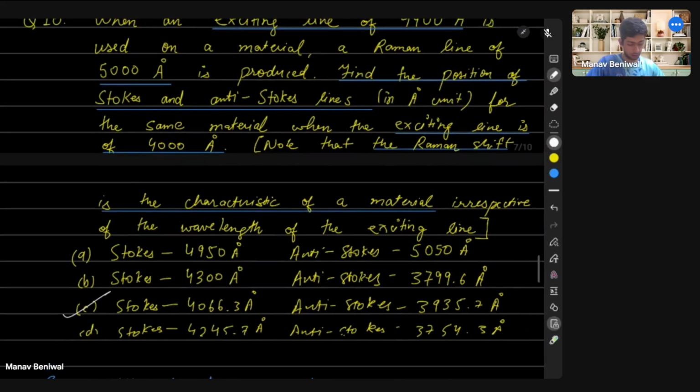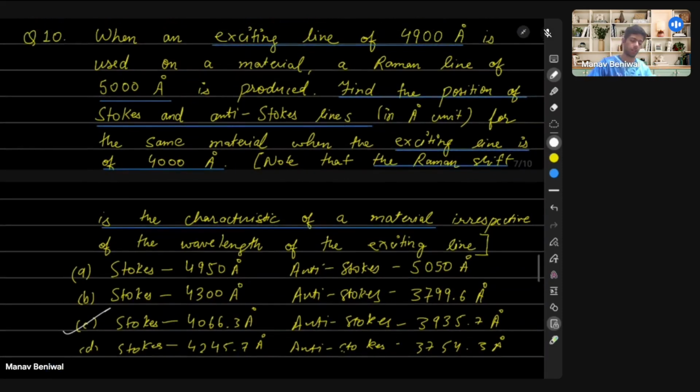So yeah, this was the last problem for today. It basically involved calculating the Stokes and anti-Stokes line when we use a different exciting line. The key concept is that the Raman shift remains the same irrespective of the wavelength of the exciting line, and it is a characteristic of a material.